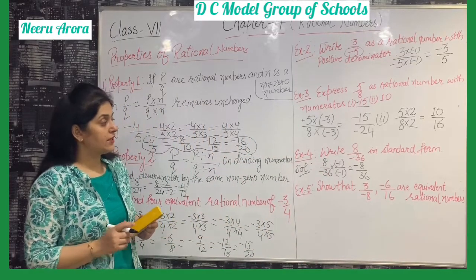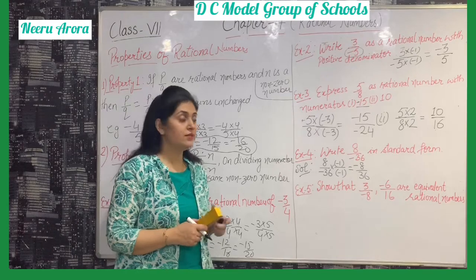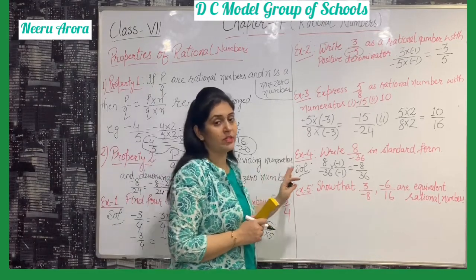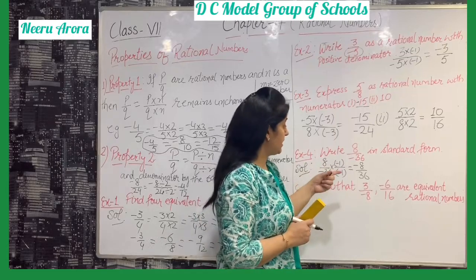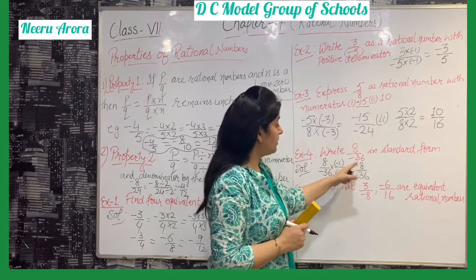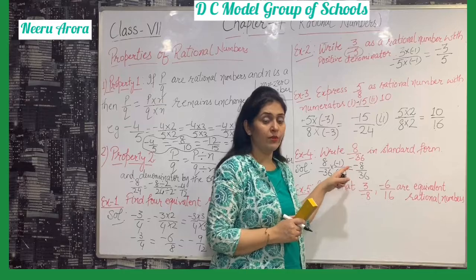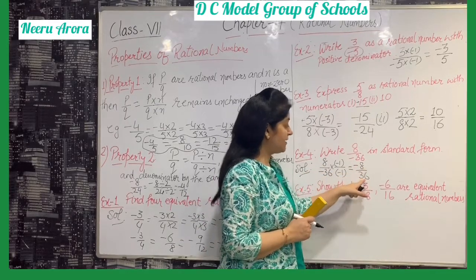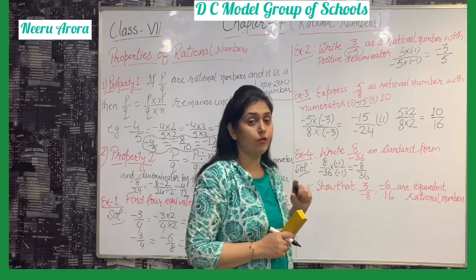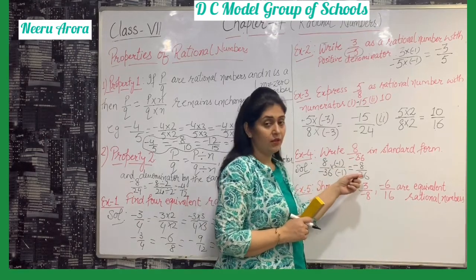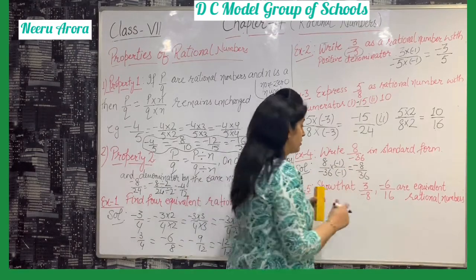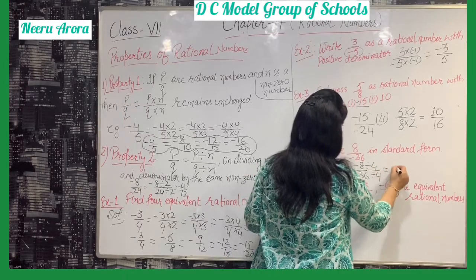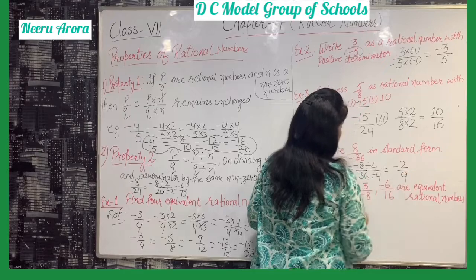I told you there are two steps. One is that the denominator should be positive, and we have done that. Second, there should not be any common divisor between numerator and denominator. Here 8 and 36 have the common divisor 4, like 4 twos are 8, 4 nines are 36. So we divide by 4 and get minus 2 by 9.